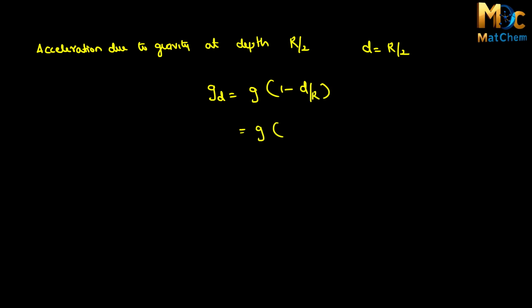You will get g into 1 minus (R by 2) divided by R. R and R will get cancelled. So you will get g into 1 minus 1 by 2. 1 minus 1 by 2 is 1 by 2. So it will become g by 2. So at a depth of R by 2, the acceleration due to gravity becomes half of the acceleration due to gravity on the surface of the earth.